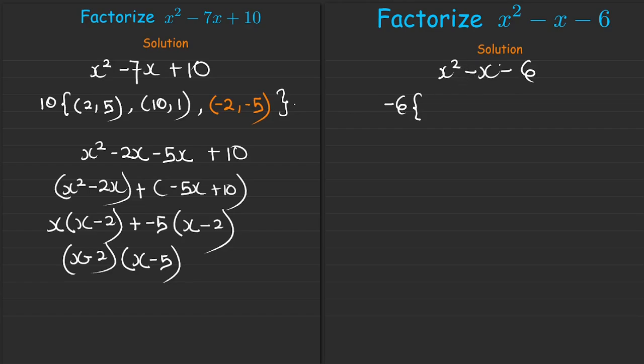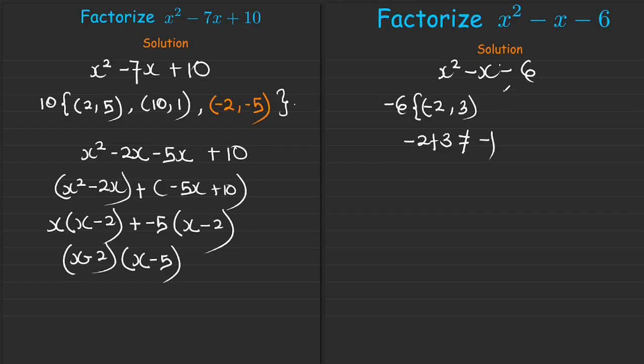What are these factor pairs? You have negative 2 times 3. Negative 2 times 3 gives us a negative 6. But if we add them, do we get a negative 1? So negative 2 plus 3. Negative 2 plus 3 is not equal to what? Negative 1. So we'd have to look for another factor pair.